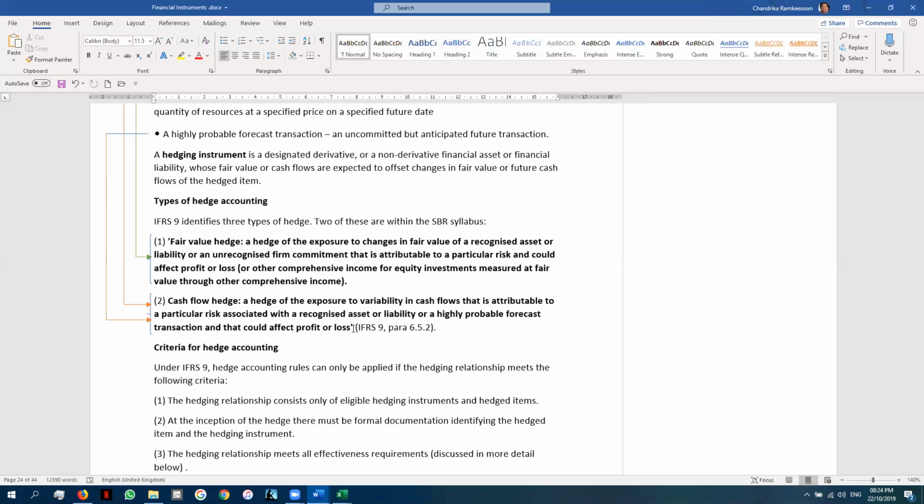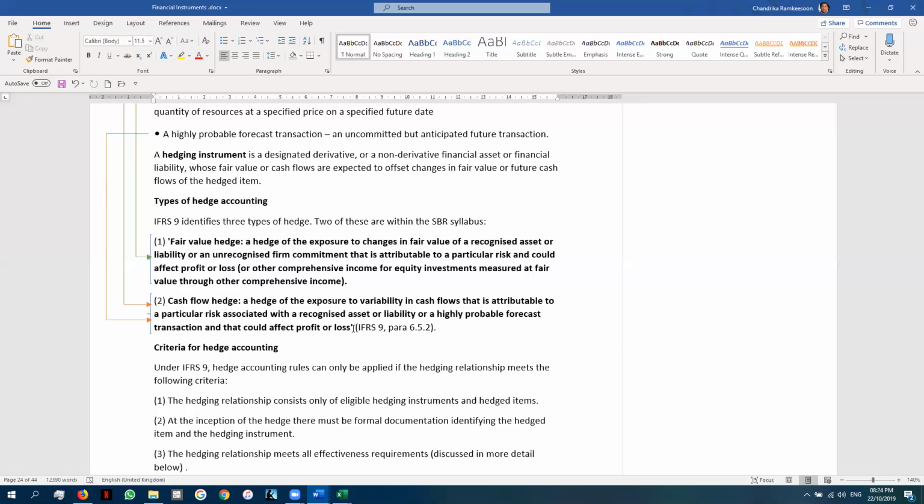Financial instruments here, IFRS 9 in particular, is also not the easiest standard to follow. One reason for that is because what we are effectively dealing with here is two areas of study. We are dealing with accounting and we are dealing with financial management.